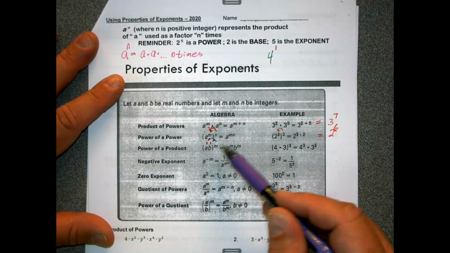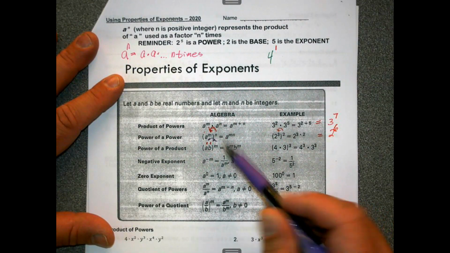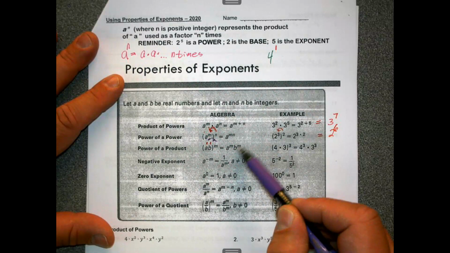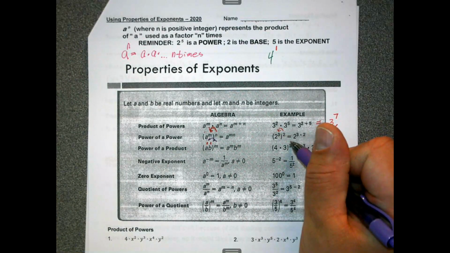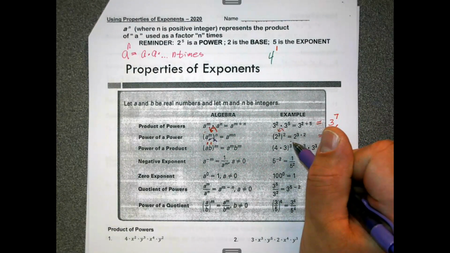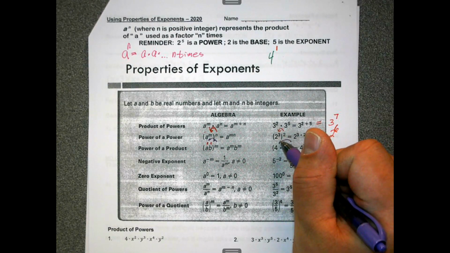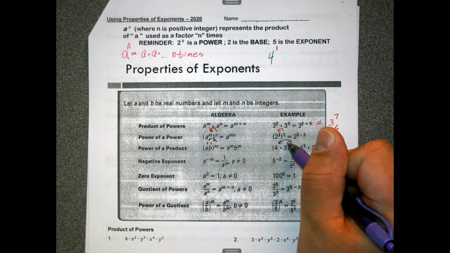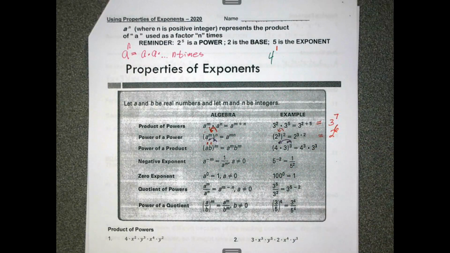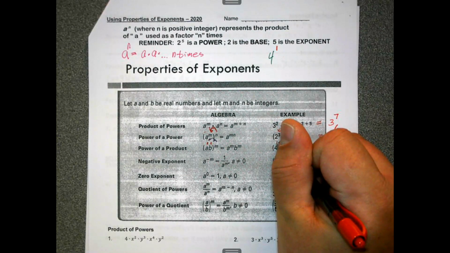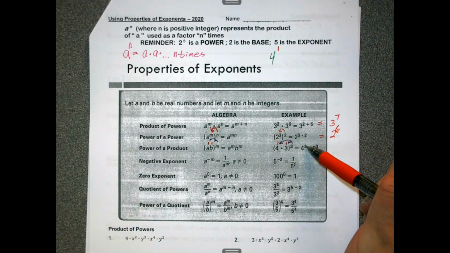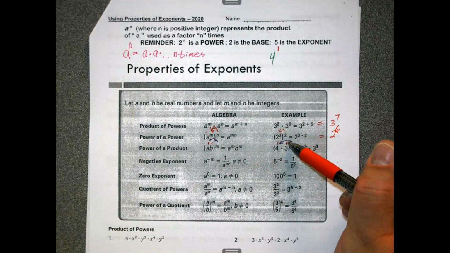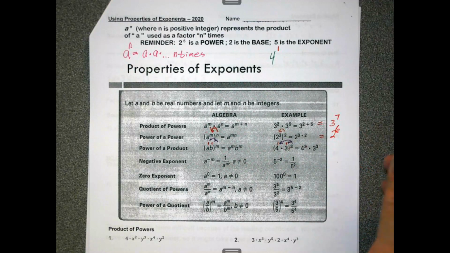So AB to the M is A to the M, B to the M. Or in other words, if I have 4 times 3, each one of those gets multiplied by the exponent of 1, right? So 3 times 1 is 3, 3 to the 1 times 3 is 3 cubed.